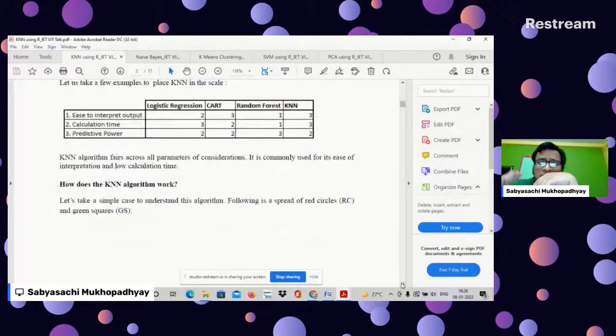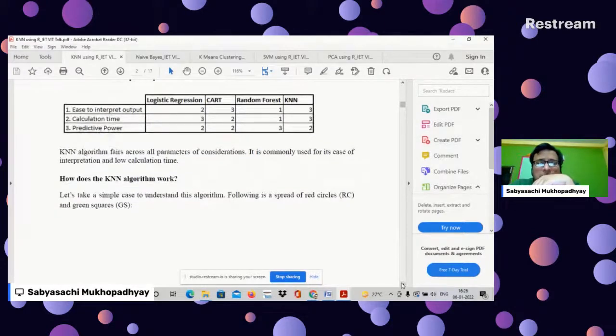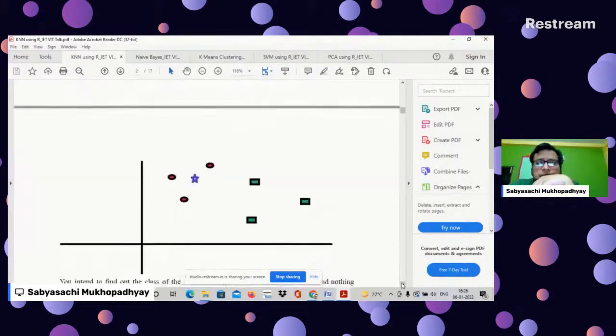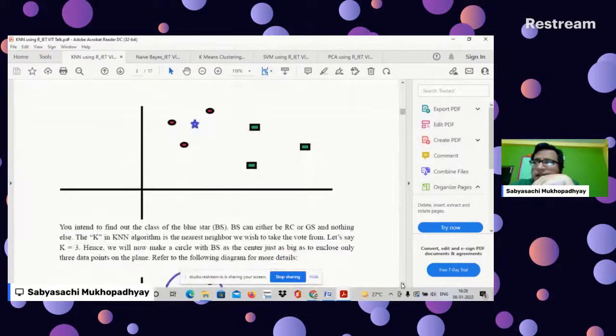Now, how does the KNN algorithm work? You may have red circles and green squares, as in the following figure, and you have to find how to classify the blue star. Blue star is abbreviated as BS, red circle as RC, and green square as GS. Now we have to find the K in the KNN algorithm, which is the number of nearest neighbors you wish to get the vote from.